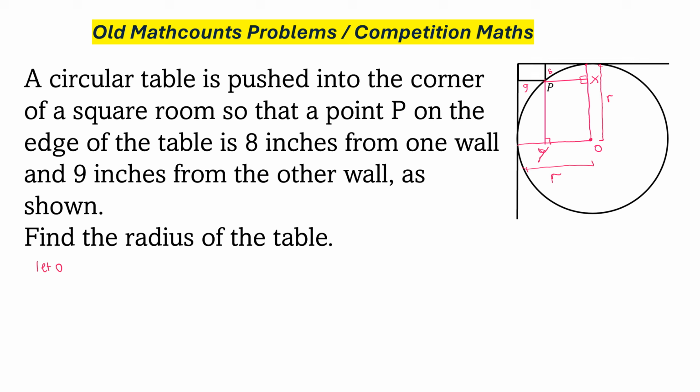So what happens in this case is, I can write it down. Let O be the center, okay, and what I get is, OX would be R minus 8, because this bit is 8. So OX is equal to R minus 8, and similarly OY, because this bit is 9, OY is equal to R minus 9.